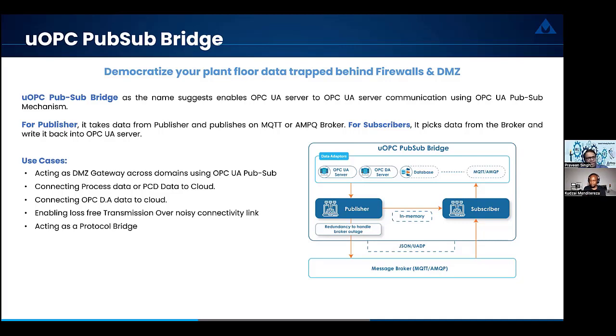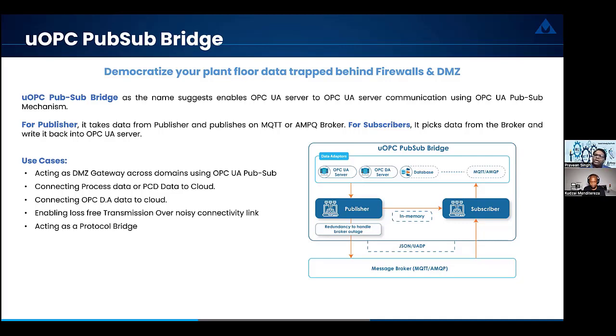Some of the key advantages here: in case the PubSub bridge loses connection to the broker, the one we're talking about, it has a store and forward option also. You can enable this option so that the moment I lose connection to the broker, I start storing data into a DB. And the moment I recover my connection, I can start pushing the data back to the broker.